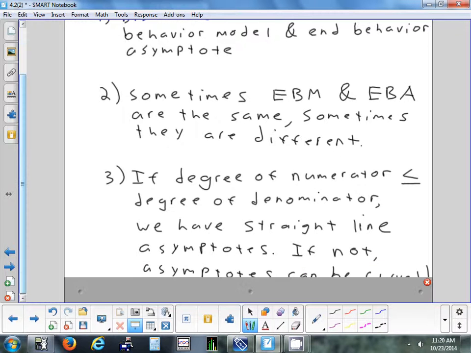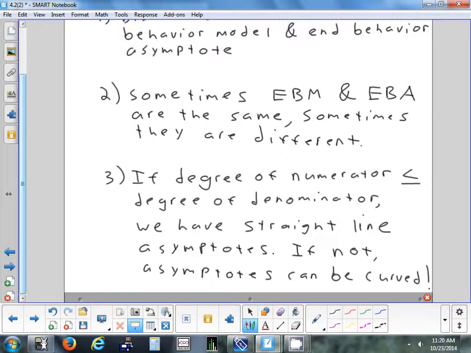If your asymptotes are not linear, if they're not lines, they can actually be curved. You can have asymptotes that are curves. It's a curve that your graph gets closer and closer to, instead of a horizontal or vertical line. Those are a little tricky to draw. We're going to try drawing one with curved asymptotes, and it's going to be the only one we do.